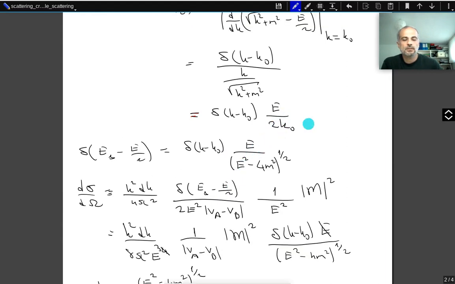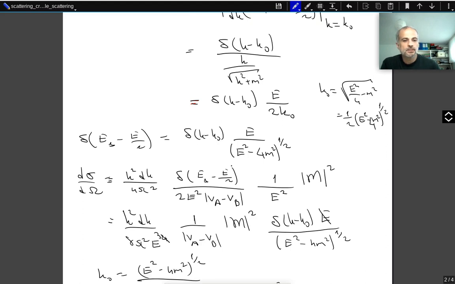And 2k0, and since k0 is the square root of E squared over 4 minus m squared, this is 1 over 2, E squared minus m squared to the power 1 over 2. 2k0 is just E squared minus 4m squared.